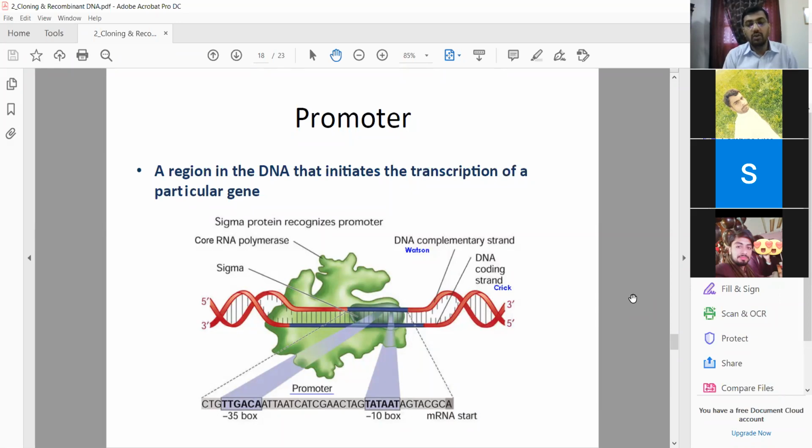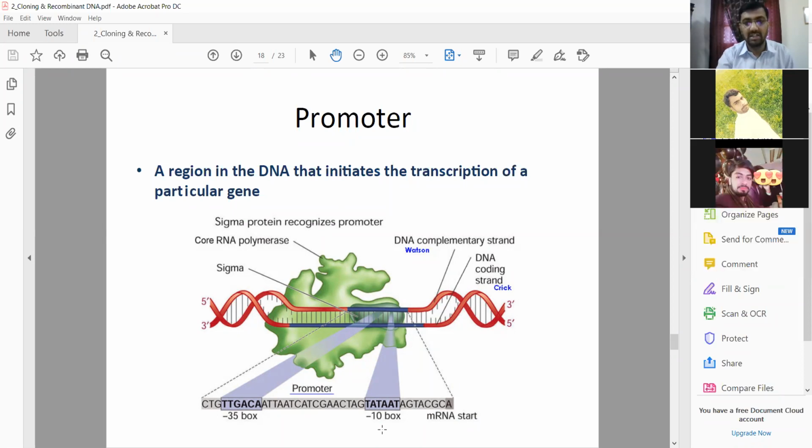Normally eukaryotic promoters are different from prokaryotic promoters. This is the initiation mRNA start site, and upstream of that, around -10 bases, we have a TATA box and a CAT box, and these are the points which are recognized by the transcription machinery, which later recognizes these promoter elements and starts the transcription.